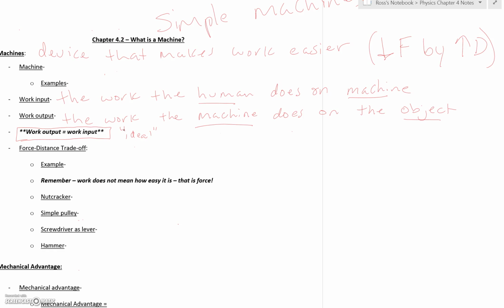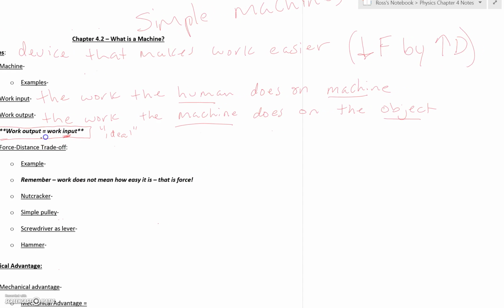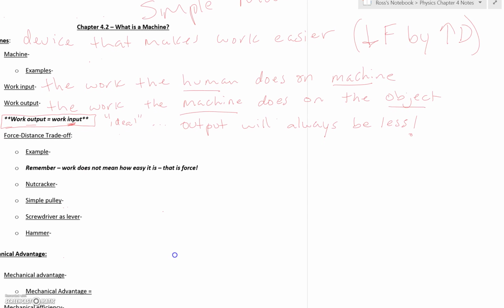So what will always happen is you will put in more work than you get out. Work output will always be less. We'll talk a little more about why that's the case in some examples.